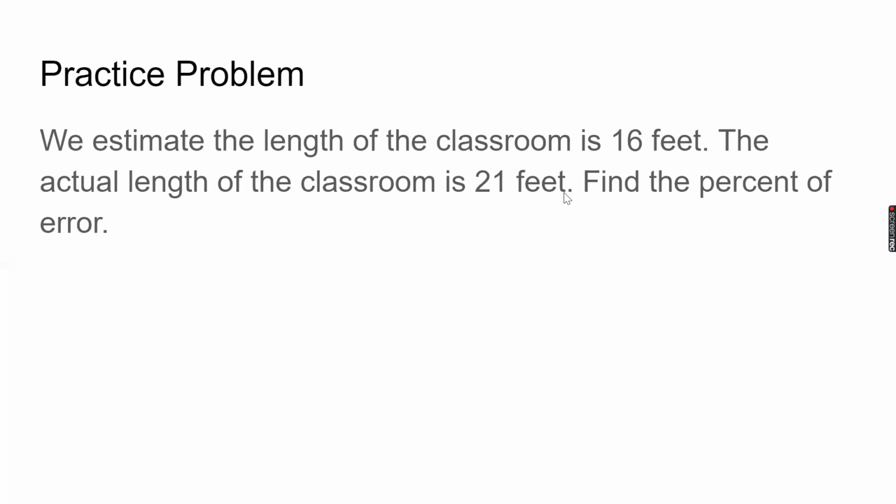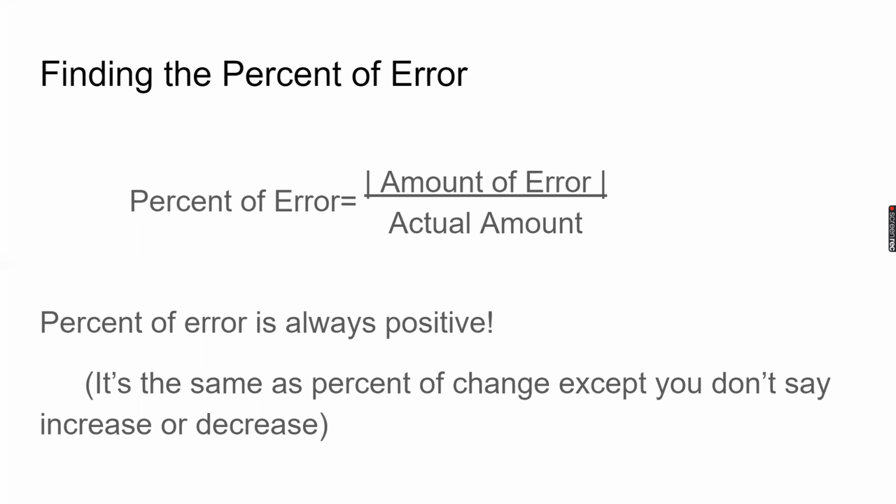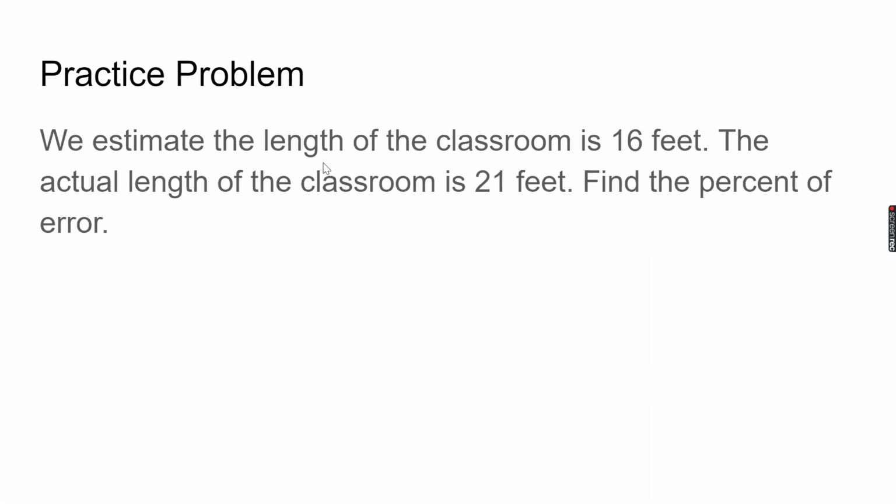We do a lot of word problems with these types of equations, the percent of error equations. So our first word problem is we estimate the length of a classroom is 16 feet. So we're looking at this room, we think that it's 16 feet long, but then we actually get out a ruler and we measure it and it's 21 feet. So we have to figure out how much we were wrong by.